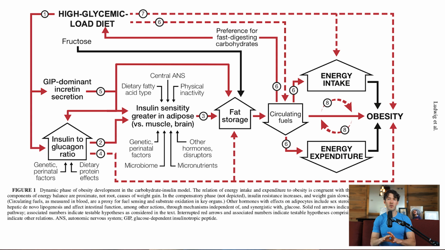And that causes a dramatic decrease in the amount of nutrients floating around in your bloodstream in the post-meal window, to the point where your blood energy goes down to lower levels than it was before the meal. That causes you at your next meal to feel ravenously hungry and you overconsume energy. So the carbohydrate insulin model of obesity doesn't necessarily discount the fact that excessive energy intake is a problem.